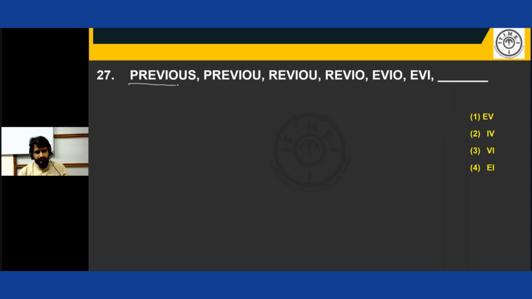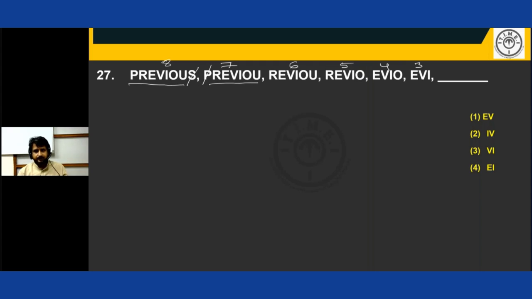Previous and preview. So here we have 8 letters. But when it comes to here, it becomes 7. Here it is 6. Here it is 5, 4, 3. So from one group to the next group, one letter is missing. So you need to identify the missing pattern. So S is missing, and then P is missing.